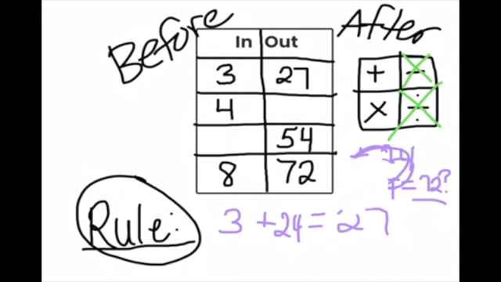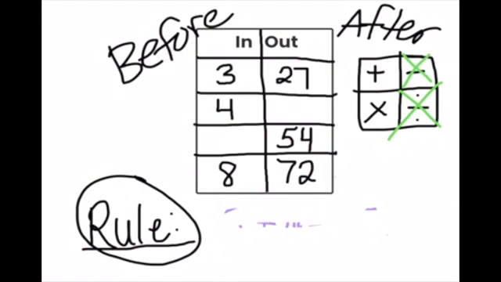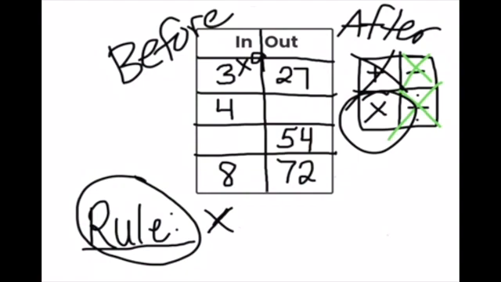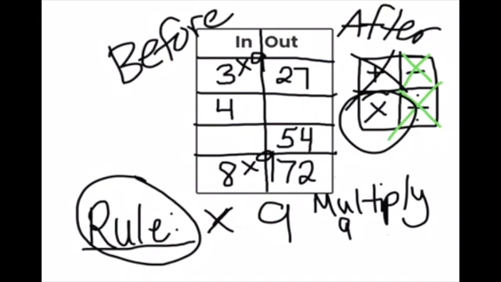It's not addition then. That means it has to be multiplication. So, it is a multiplication rule for sure. And multiplying by what? Oh, well, that fact family, 3 times 9 is 27. And I know 8 times 9 is 72. So the rule is multiply or times 9.